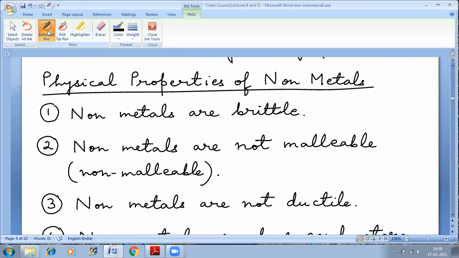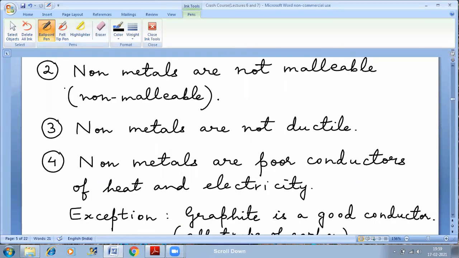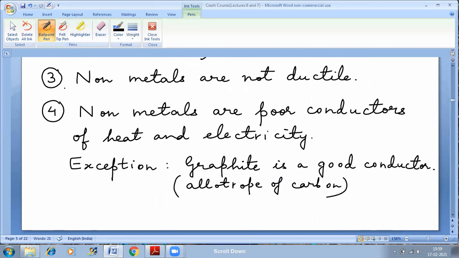So non-metals are brittle, means they are not hard, they are brittle. They are not malleable, they are not ductile. They are poor conductors of heat and electricity. In this, you have to remember one exception: graphite is a good conductor.